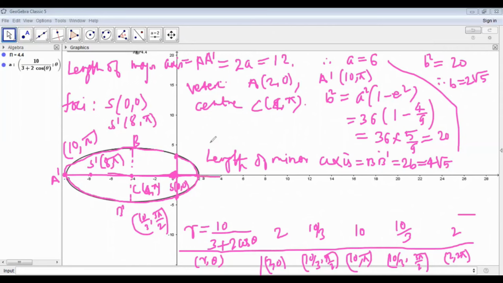And now we have to find the equation of the directrix. The directrix is x equals d in polar form.